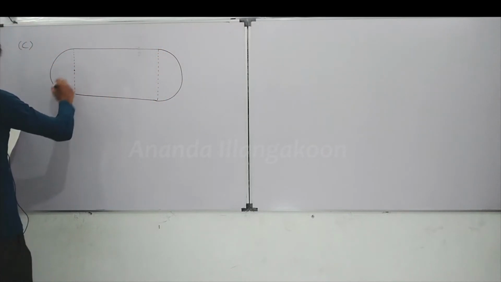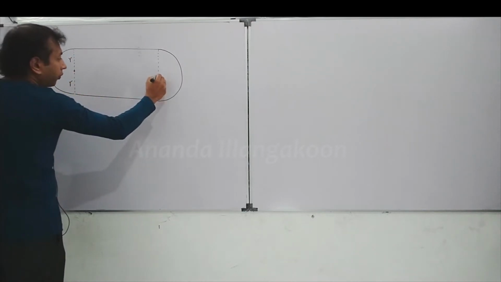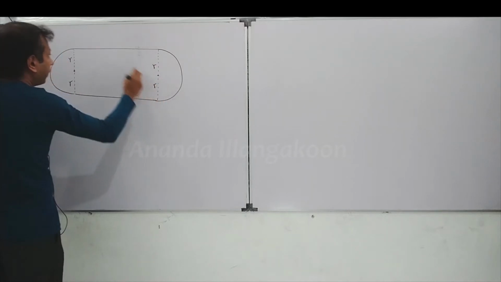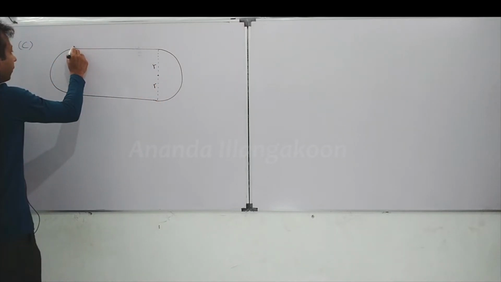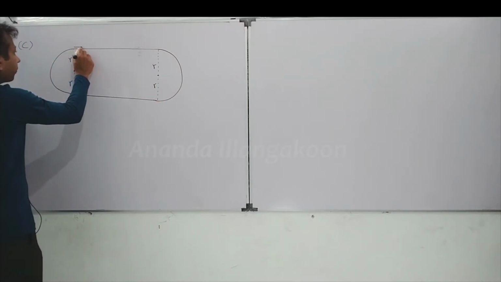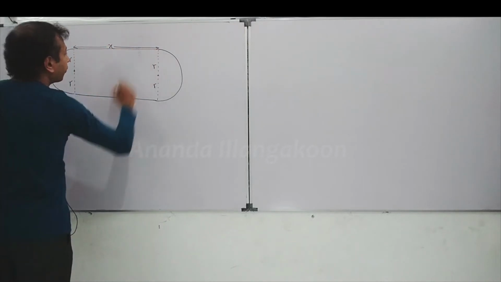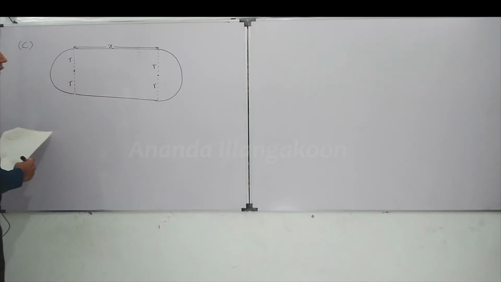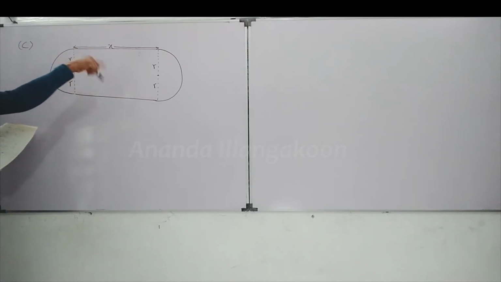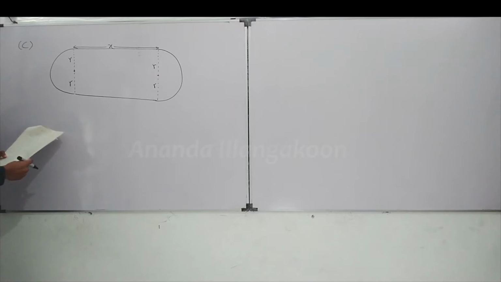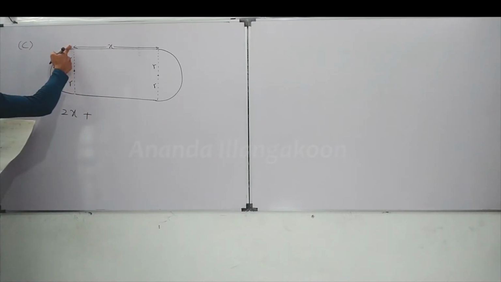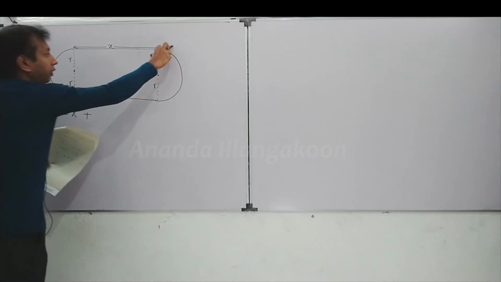Here, I'll take the radius as r, and this length I take x. Then the whole length of the track should be 440. That is, here x, 2x, and here pi times r, here pi times r.